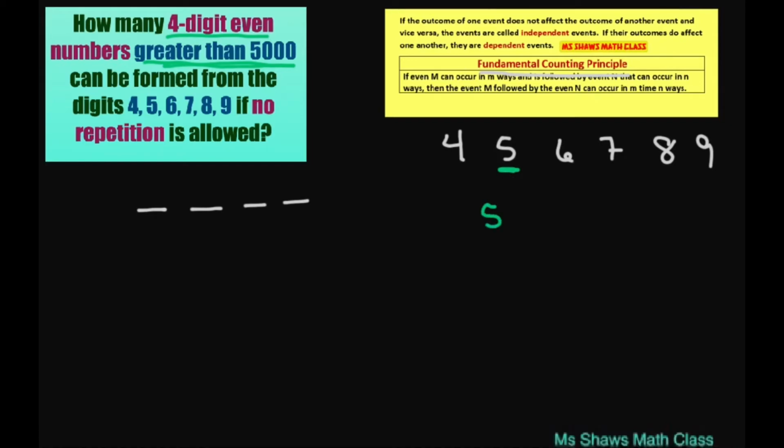because any of these numbers without repetition, if you start with 5, are going to be greater than 5,000, right? Because there's no zeros here. If there were zeros, you would have to reconsider it. So we can use 5, 6, 7, 8, and 9.